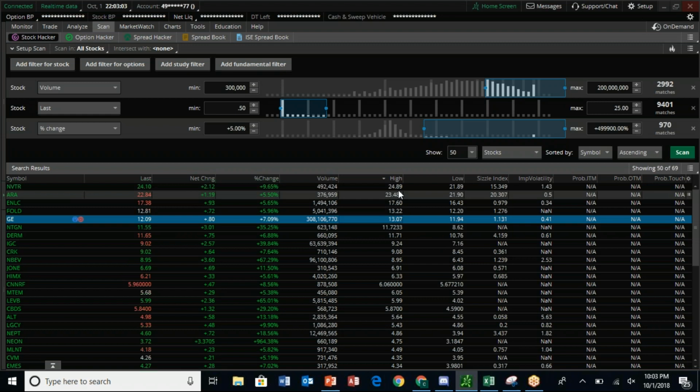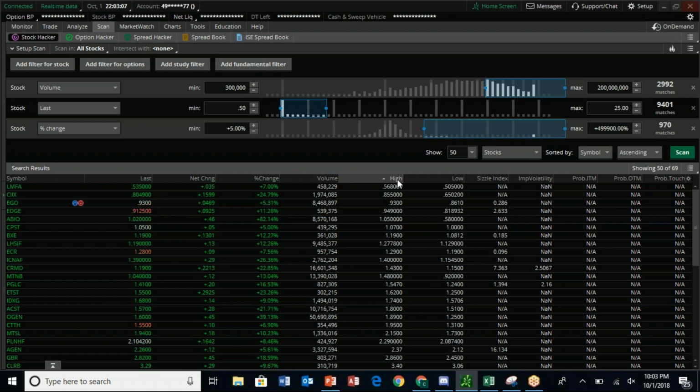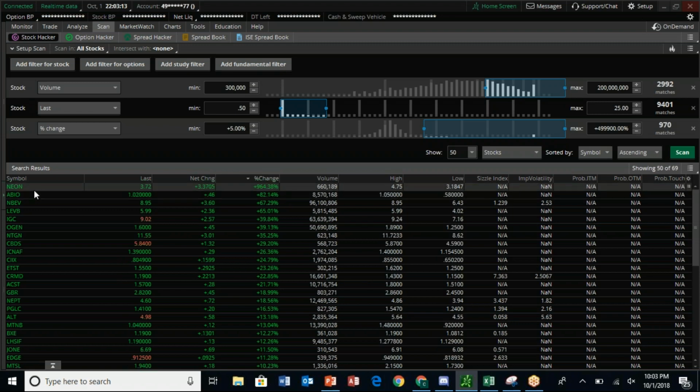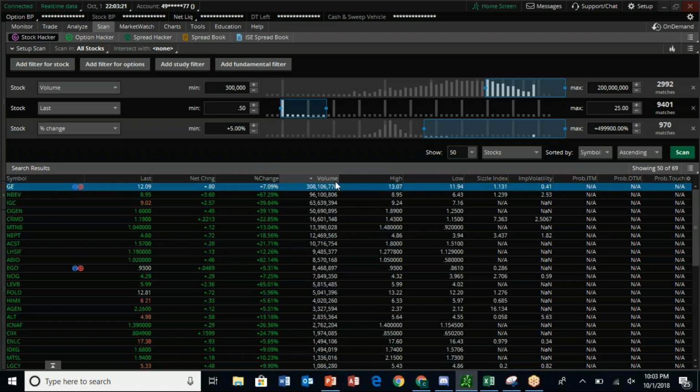So maybe you want to filter by the high of the day, or maybe the low. Maybe you want to filter by the percent change. You see, NEON's up 965% today, which is unbelievable. But look at the volume, not really there. Volume to me is one of the most critical indicators you can look for, and one of the key components in any type of day trade, especially in penny stocks.